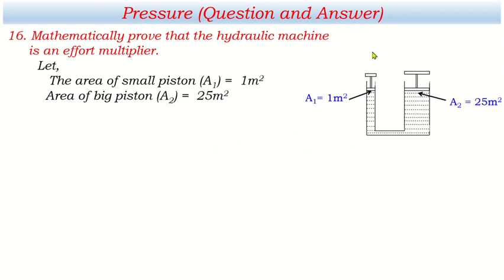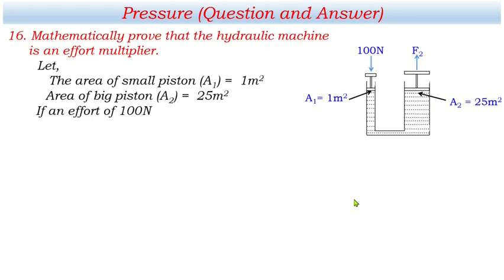In this hydraulic press, when we apply a force of 100 Newton on the small piston this way, its effect can be seen in the big piston because it exerts pressure in the liquid and that transmits to the big piston, and a certain amount of force is produced in the big piston, which can be denoted by F2.